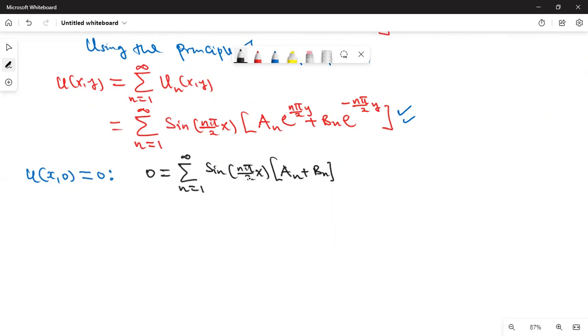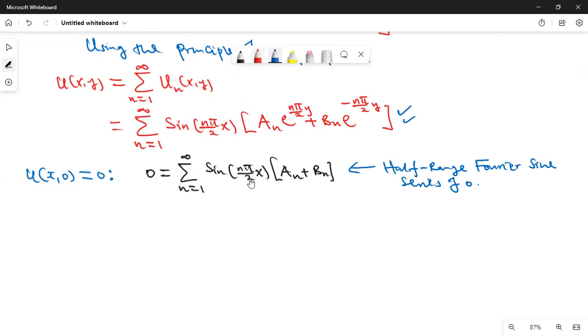So clearly, remember, we are saying this is the half-range Fourier sine series of our function, which is 0.